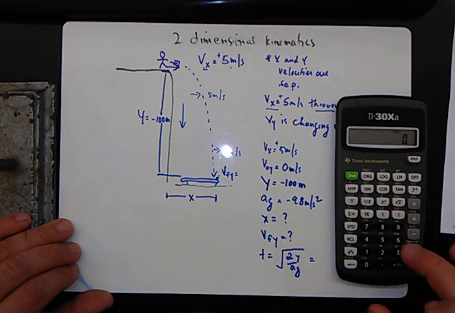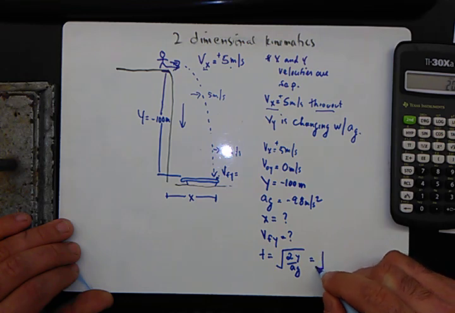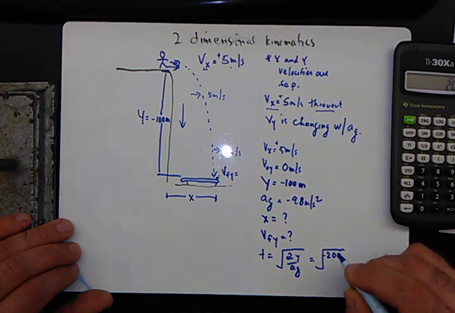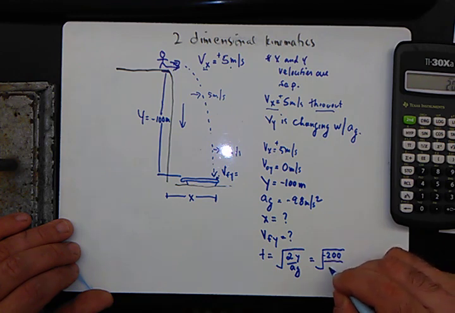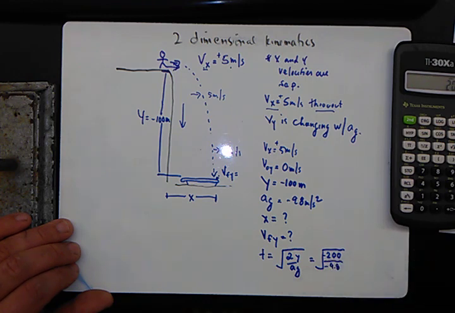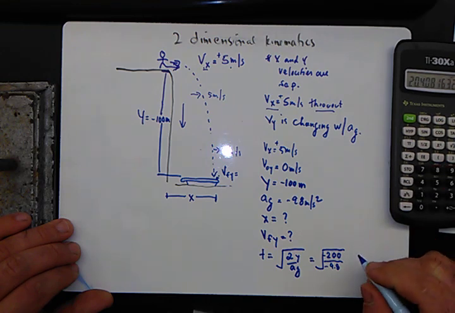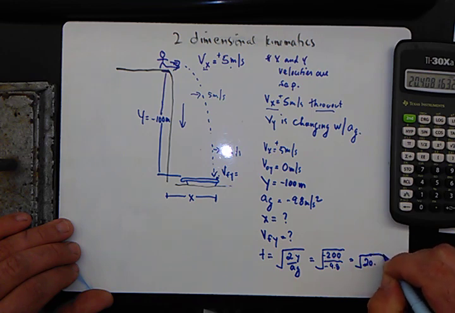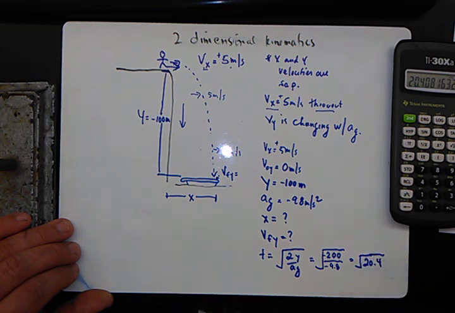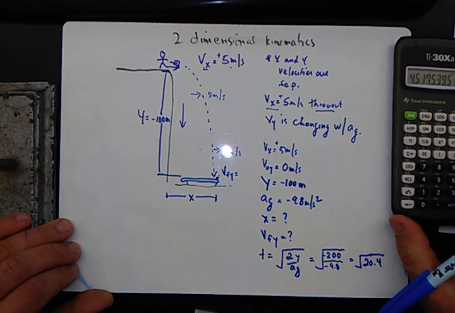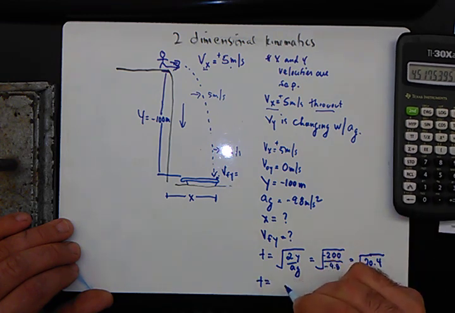So 2 times 100, you've got the square root of negative 200 over negative 9.8. So 200 divided by 9.8 is about 20.4, and then the square root of that is the time, about 4.5 seconds.